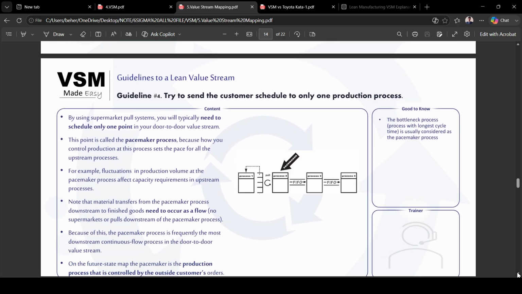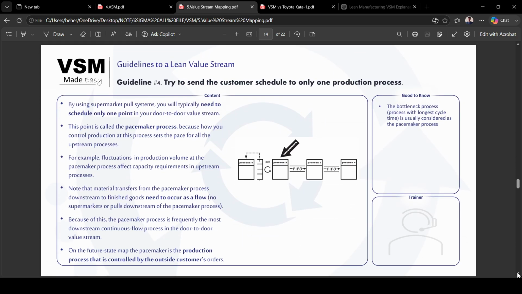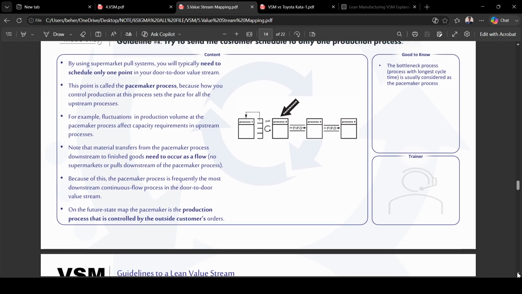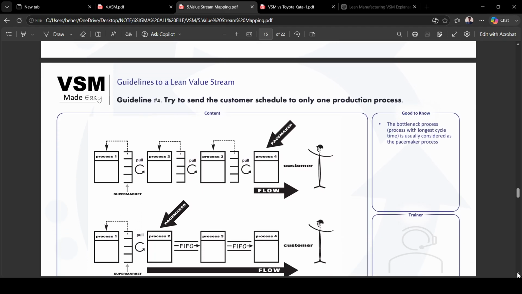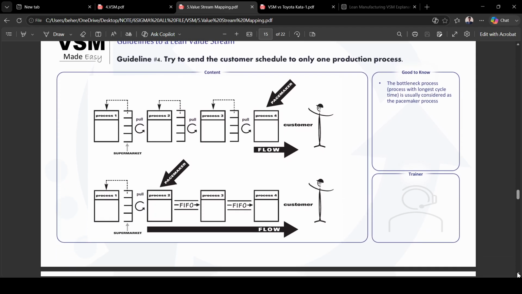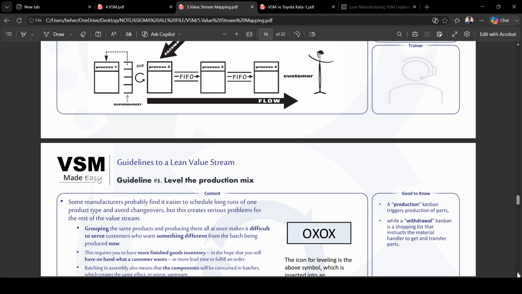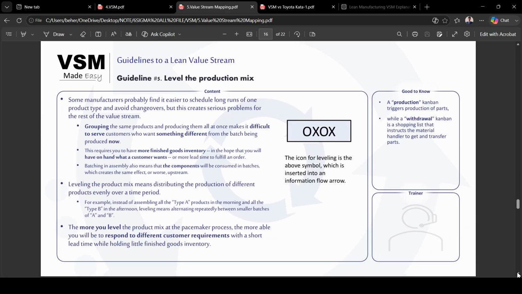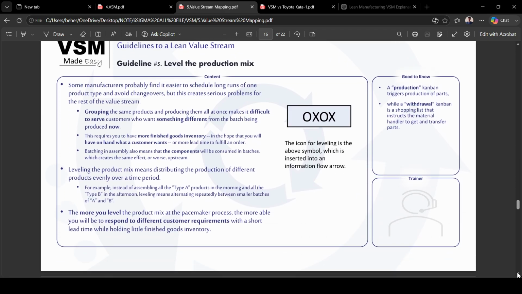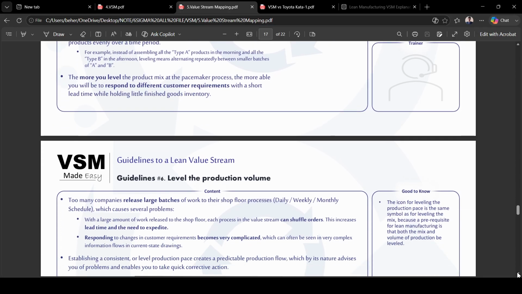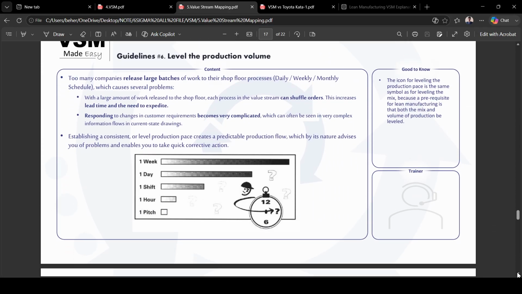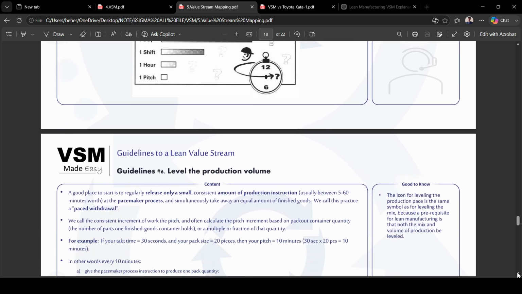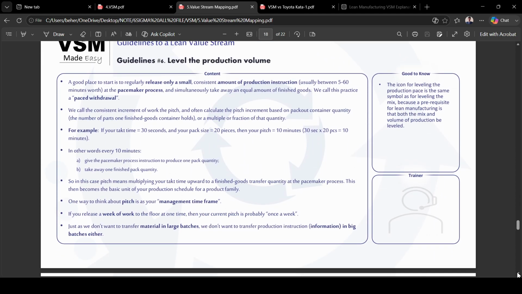And try to send the customer schedule to only one production process. And this is an example of one more VSM. And then level the production mix. And level the production volume.